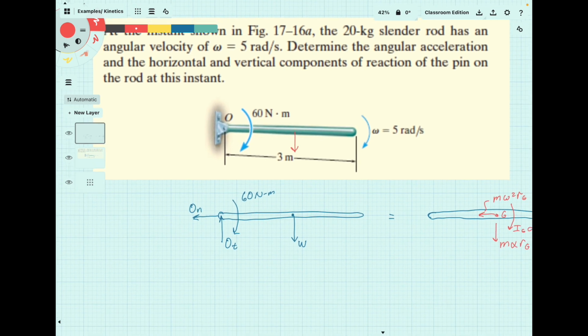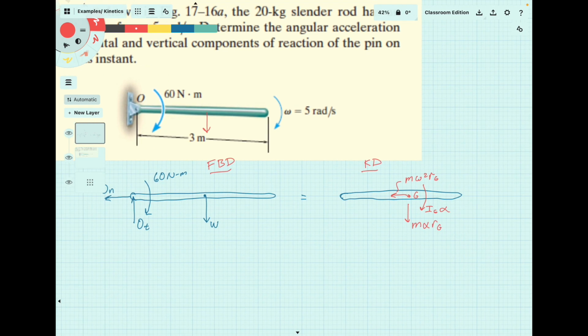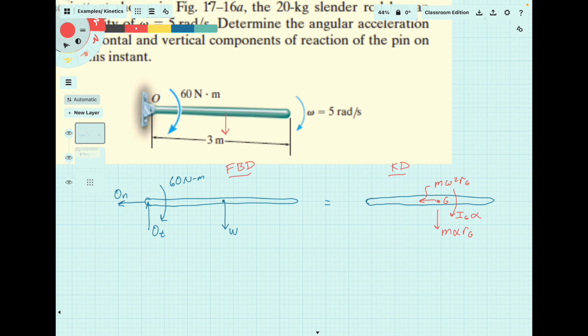So I went and wrote out the free body diagram and the kinetic diagrams down here, and essentially I'm treating this as calculating accelerations directly at the CG. Since this is rotating about a fixed point, I can very directly treat it as a normal tangential system with n in that direction and t down there.